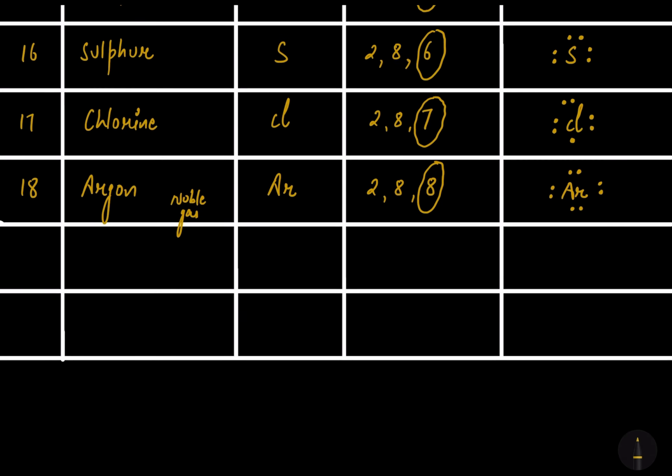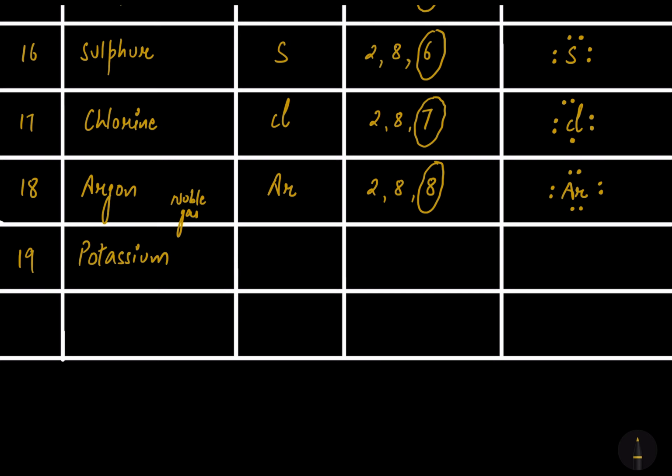Let's come to the atomic number 19. From atomic number 19, the filling of the fourth shell will start as the first 3 shells are completely filled by the electrons, that is 2 electrons in the first shell, 8 electrons in the second shell, and again 8 electrons in the third shell. So we are going to start the filling of the fourth shell now from atomic number 19, and that's potassium.